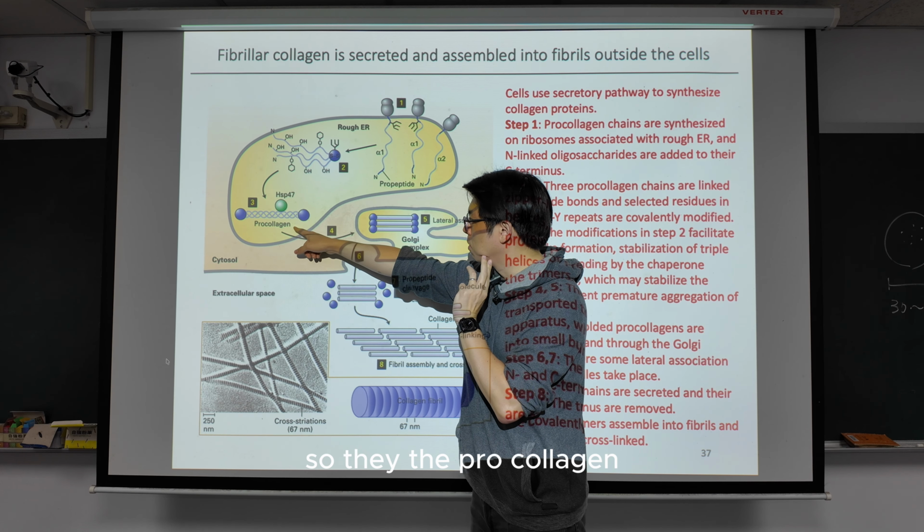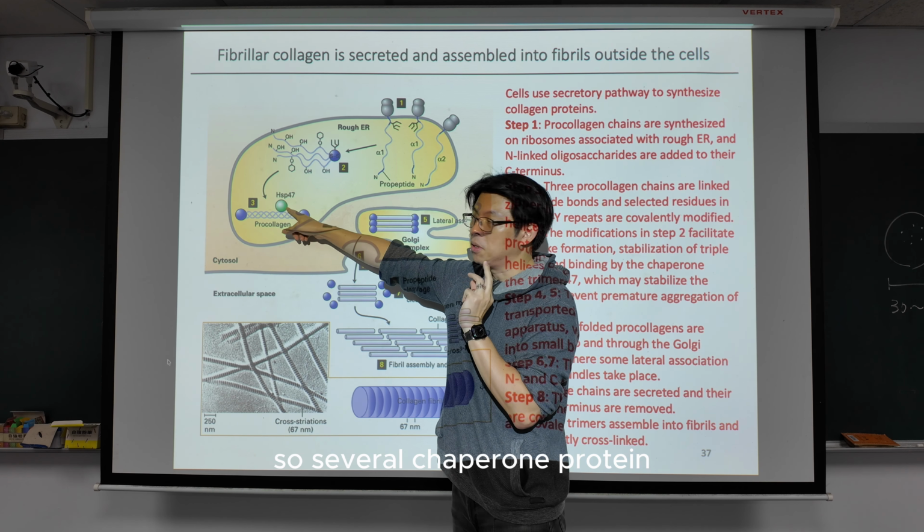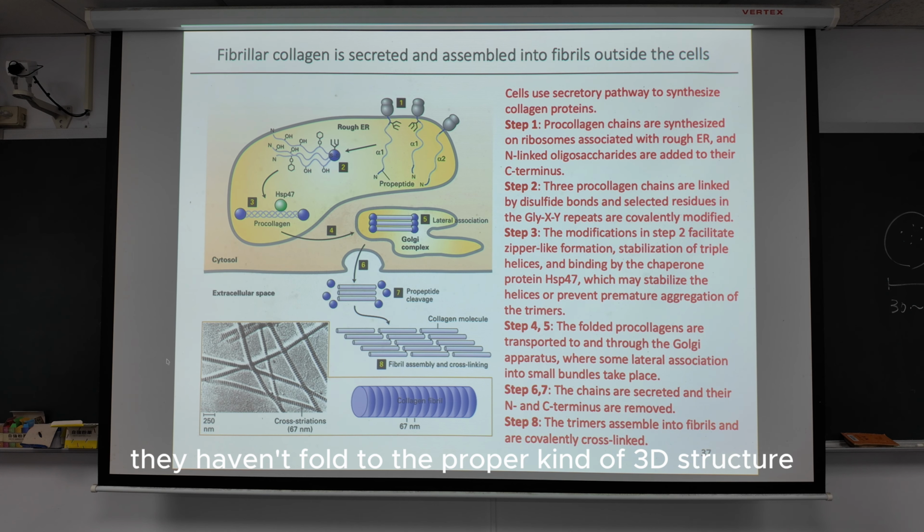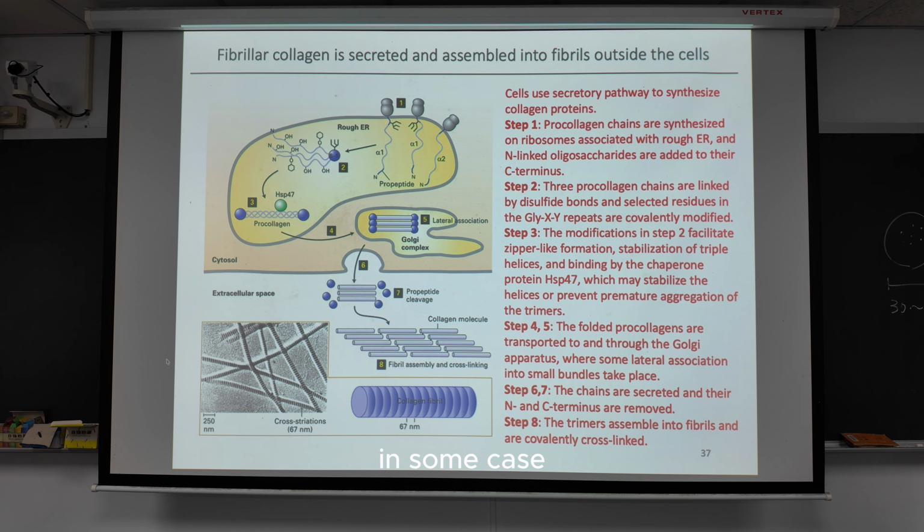So the procollagen, several chaperone proteins, like HSP47, because during the protein synthesis, they haven't folded into the proper 3D structure. They were exposed to some domains or motifs. In some cases, they will engage in other unnecessary interactions. So the chaperone protein will bind to this site to prevent such premature protein interaction.